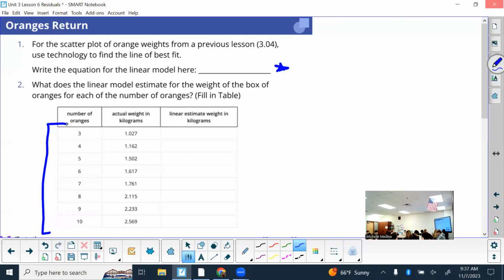I know a lot of you probably need to get your Chromebooks going or Desmos on your phone. So I'll give you a little bit extra time, but no more than 4 minutes. All right, so have a line of best fit ready in 4 minutes. And if you don't know how to use your technology, during the 4 minutes is when you should ask.